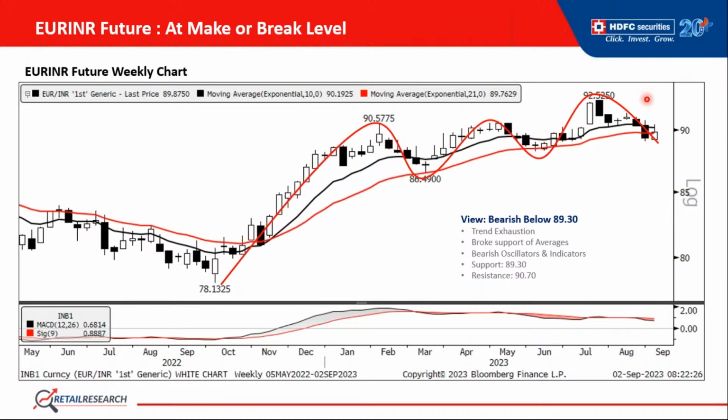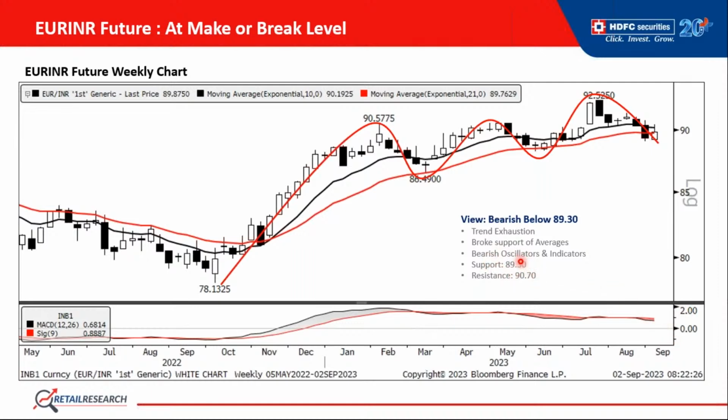Euro is at a make or break level. As you can see, since October it has been trading with higher top, higher bottom formations, and this was the first time it has broken the support of the 21 DMA. Also, we have seen the same kind of pattern in the euro against the USD, which will be discussed in the later part of the presentation. We believe that one should turn bearish only below the 89.30 level. There is some divergence happening on the MACD and oscillator.